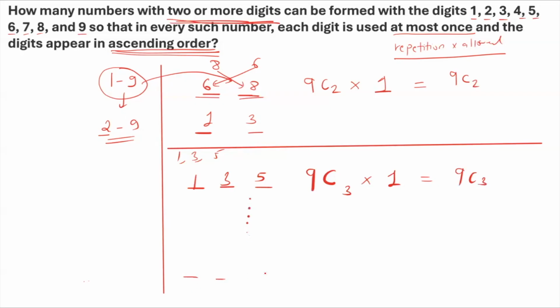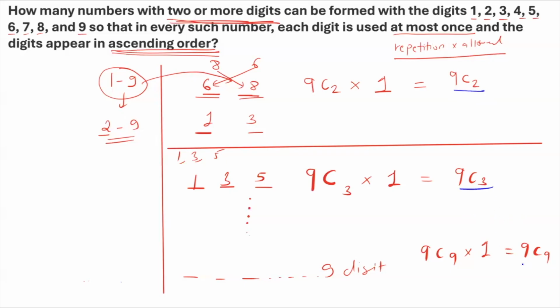If I suppose want to make a 9-digit number, I have to select 9 digits out of 9. That selection can be done in 9C9 ways, and there'll be only one way to arrange them. So 9C9 into 1, 9C9 numbers would be possible. The next step is to realize I can either have a 2-digit number or a 3-digit number or a 4-digit number or a 5-digit number.